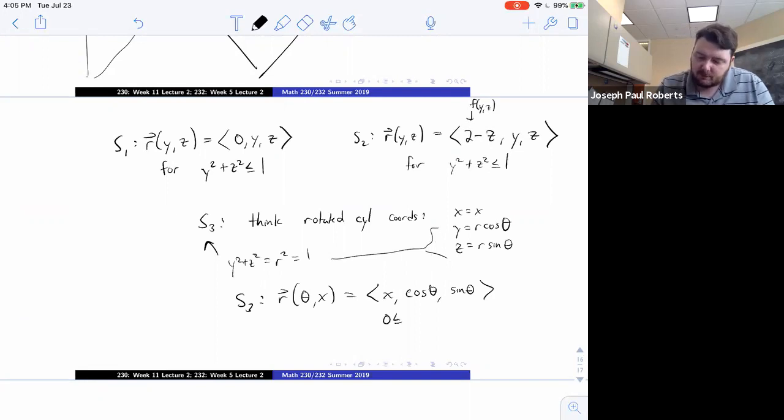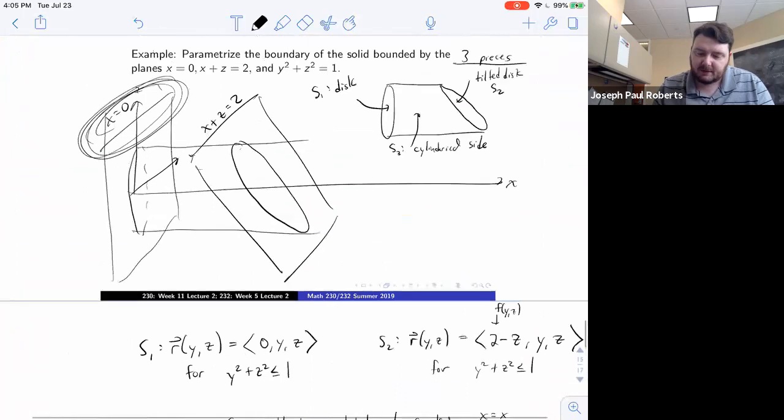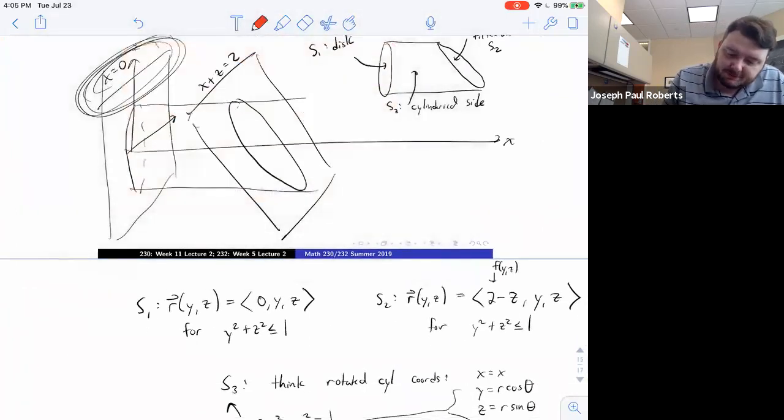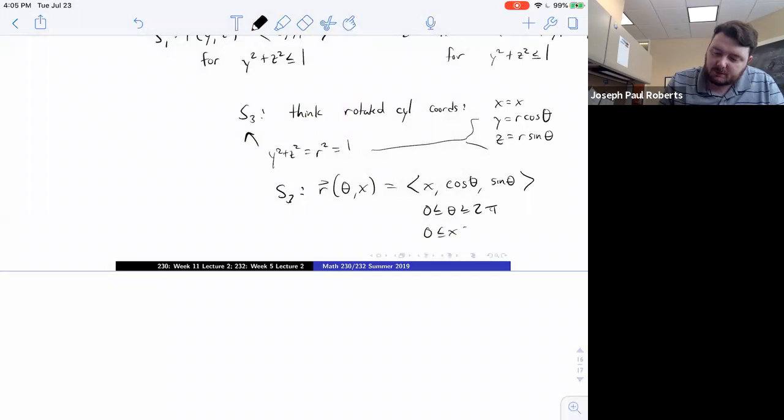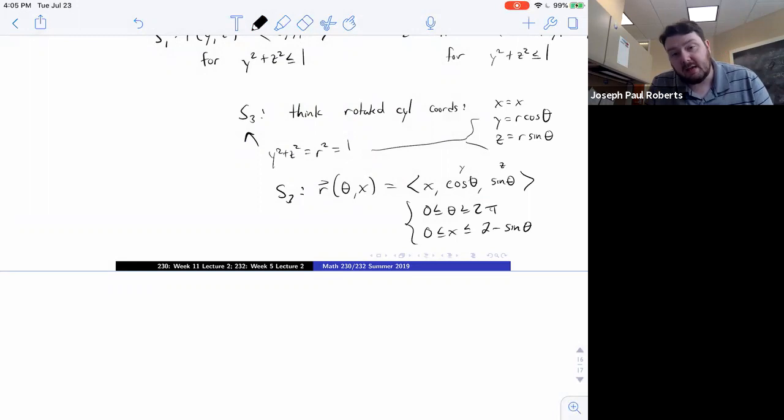And then theta would go 0 to 2 pi. It's actually pretty tricky now. On this side piece, this angle theta determines what x stops at. But x is stopping at 2 minus z. z is sine theta, so x would go from 0 to 2 minus sine theta. That would be fine for the d theta dx double integral that the surface integral would become.